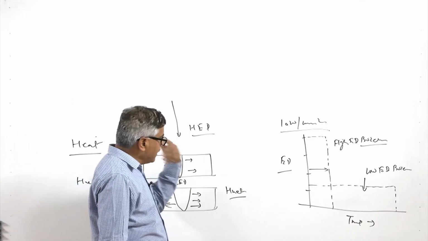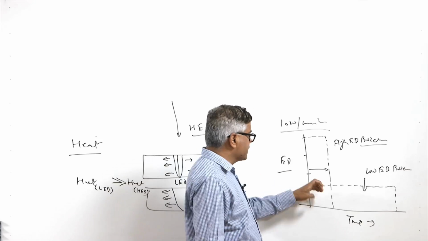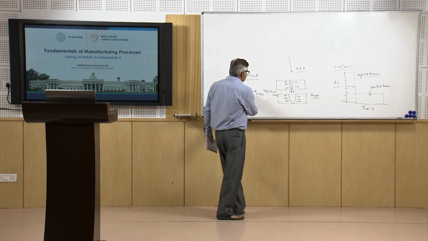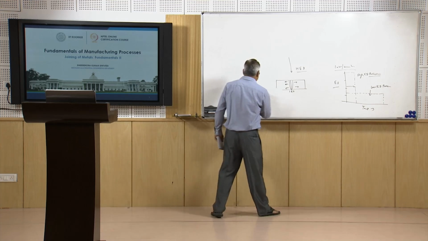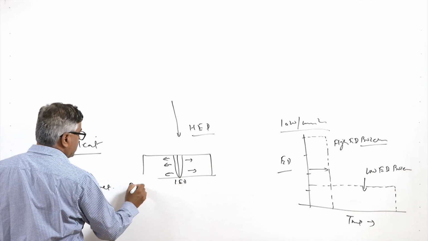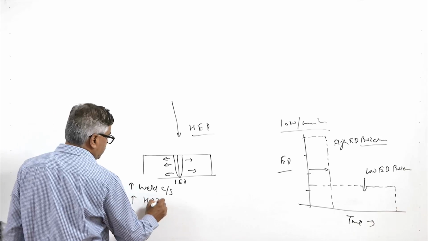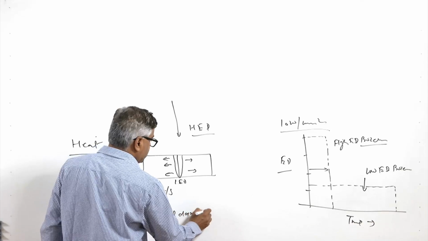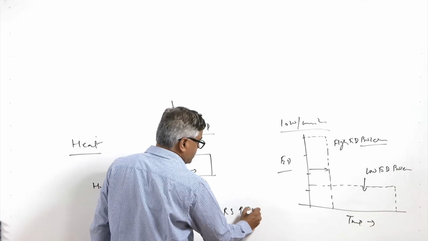So, the time for which heat is delivered to the base metal matters a lot in terms of the amount of heat required, because a lot of heat is dissipated to the base metal, and that causes a number of effects. Increasing the H net increases the weld cross sectional area, increases the heat affected zone size, and increases the thermal damage to the workpiece in terms of residual stresses and distortion tendencies.